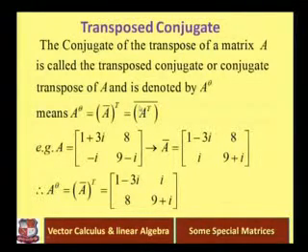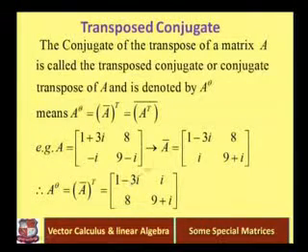As an example, let the matrix A be [1 plus 3i, 8, minus i, 9 minus i]. The conjugate matrix A bar replaces 1 plus 3i with 1 minus 3i, by changing the sign of the imaginary part. 8 is a real number, so its conjugate is 8. Here minus i is imaginary, so its conjugate is i, and the conjugate of 9 minus i is 9 plus i.